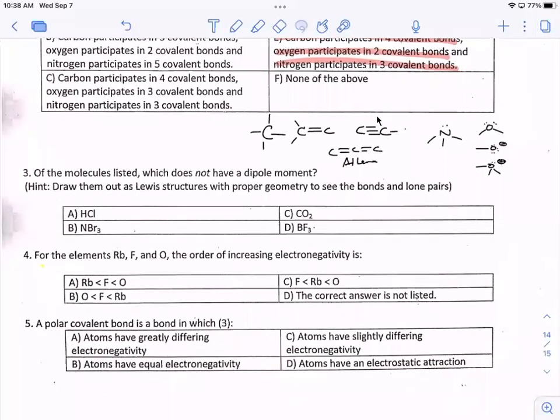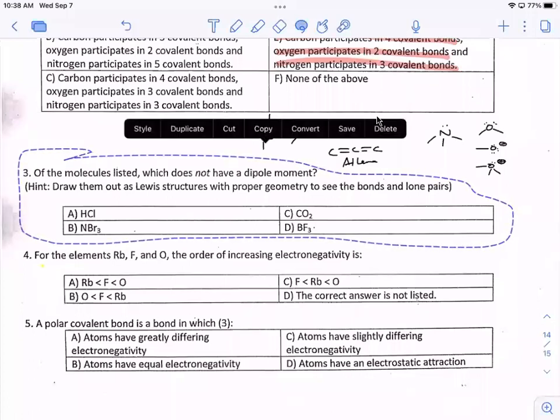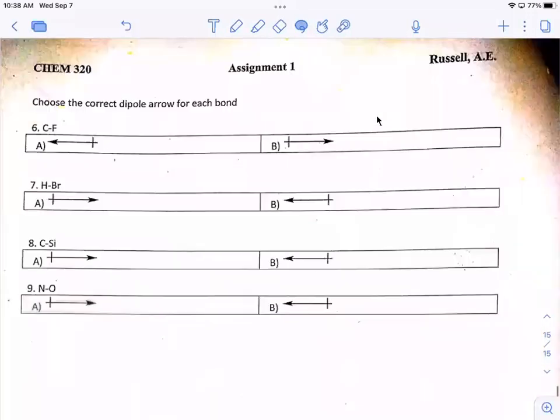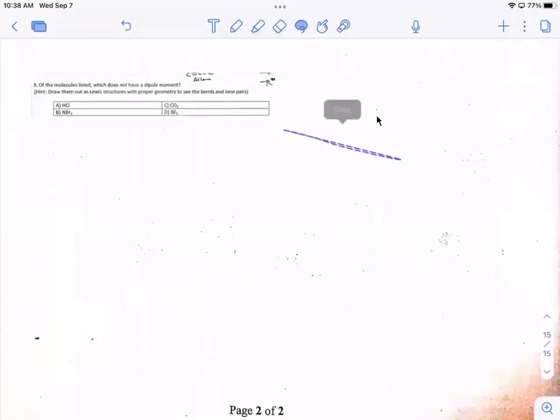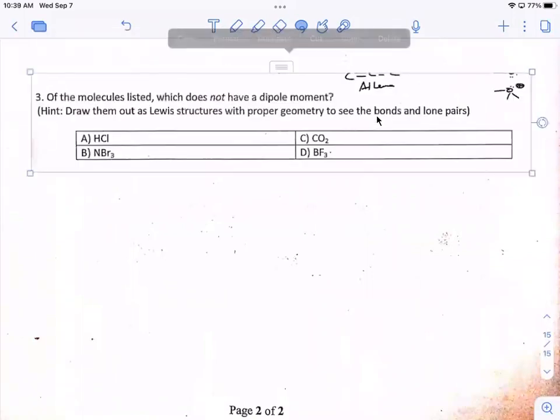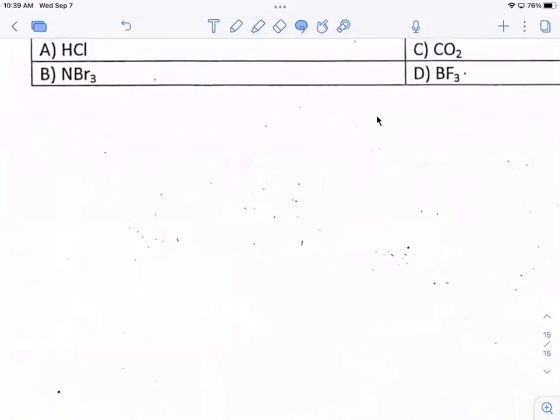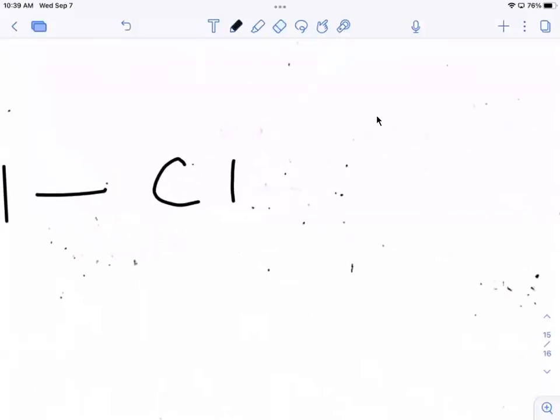All right, let's go down to here. I'm going to cut this out because I want to talk about it in some detail, so we can talk about these molecular dipoles. We're going to look at each one individually, and then we'll go back and answer the question. So for HCl, we'll write that out. I hate that this paper is all grainy because it looks like the electrons are there when they're not.